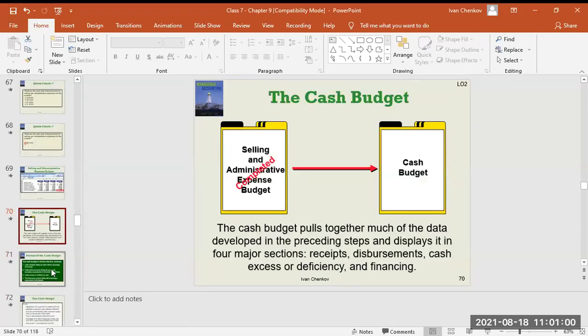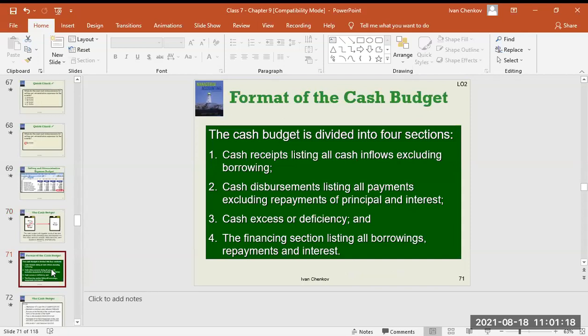Now, so we're done with all the budgets for the cost. Now let's do the cash budget. Now we're going to get the information from all the budgets that we already prepared, plus we're going to need some additional information. So the cash budget is divided into four sections. First section is the cash receipts, which are listed in the cash inflow, excluding borrowing.